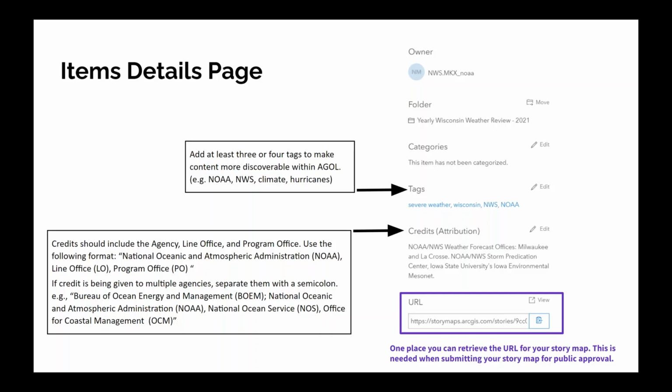And that means we're finally getting closer to hopefully submitting a trouble ticket to get things published publicly. So this is one location, the URL at the very bottom. That is one location where you can go to grab the actual link for the story map that will eventually, hopefully, be made public.